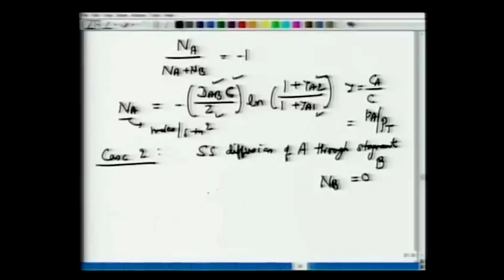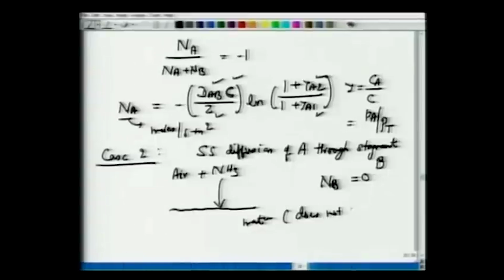A very common example would be if you have water and air and ammonia. We can assume that air is insoluble in water and ammonia is soluble, so it will diffuse and get solubilized in water. We also assume that water does not evaporate, for simplicity.